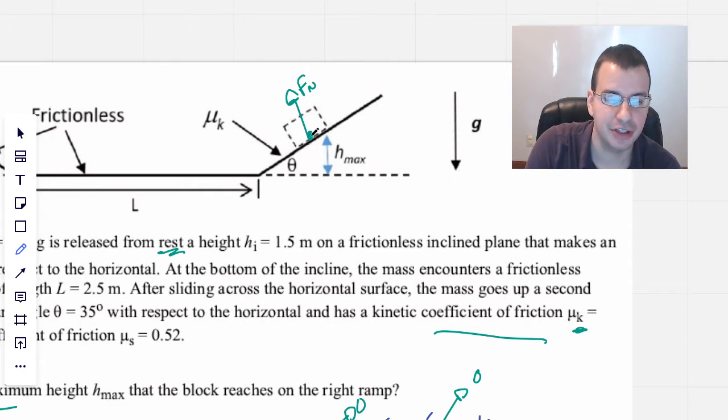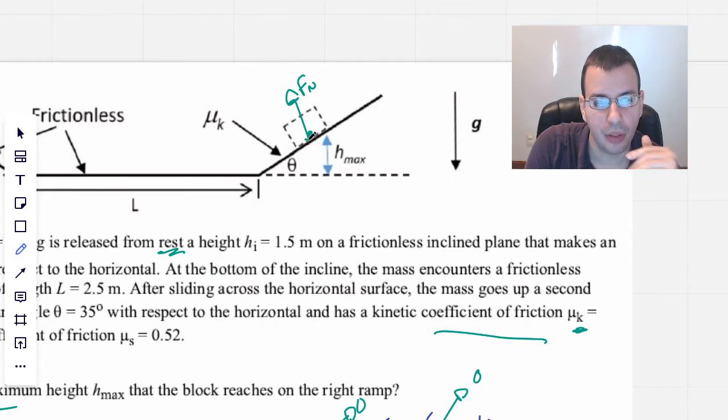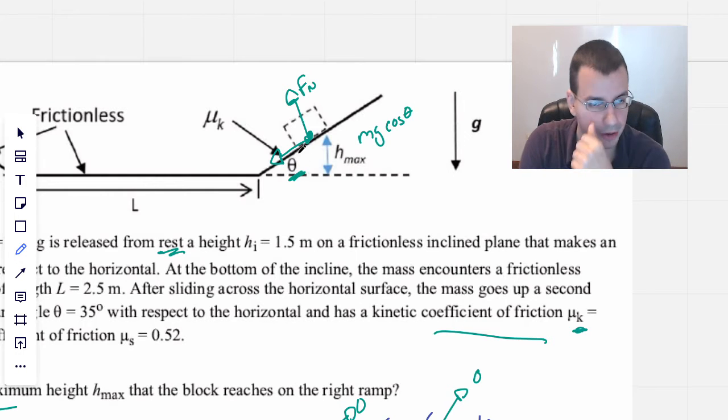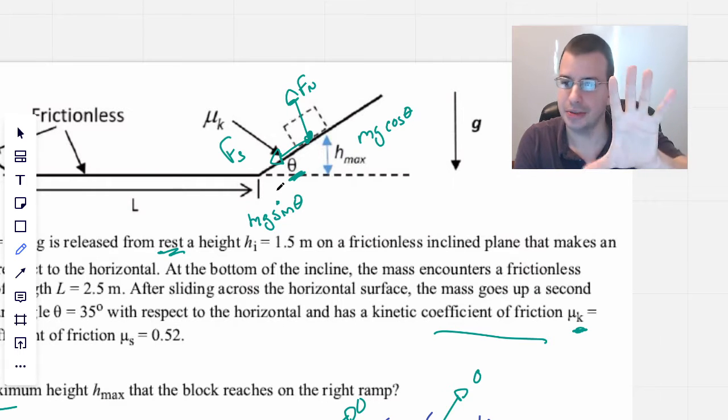So we need to find out what this normal force is. Now, you can do it through geometry, but it's mg cosine theta, where theta is right here. The force due to gravity pulling it down the slope will be mg sine theta. It's easier just to memorize that.